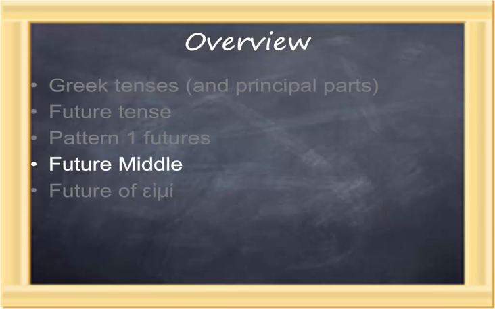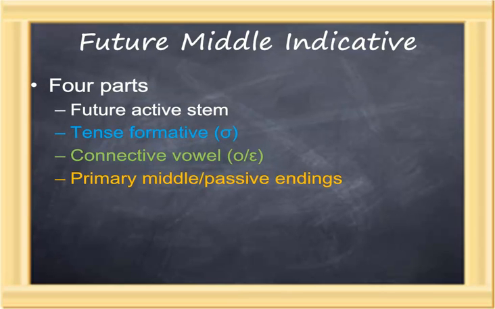Having talked about the future tense and the first major pattern for forming the future, we now turn to the future middle. As one would expect, the future middle is formed similarly using the future active stem, the tense formative, connecting vowel, and a primary middle passive ending.